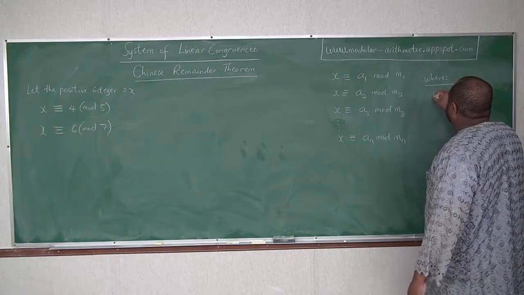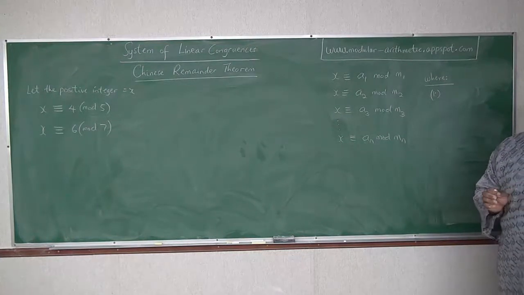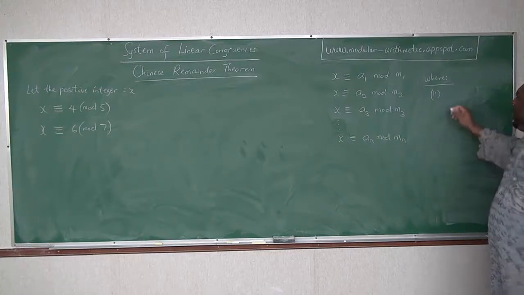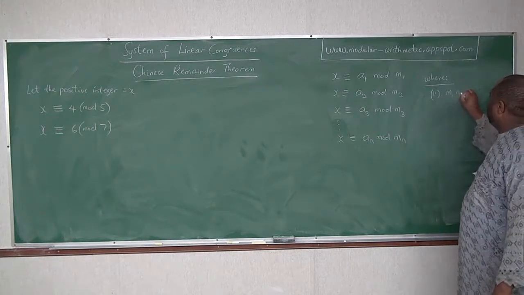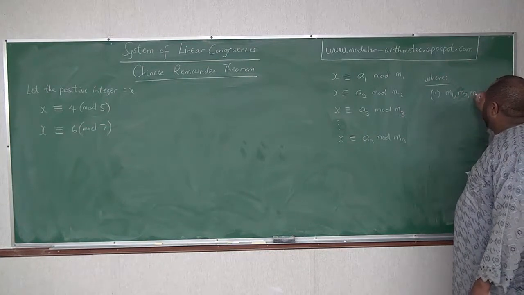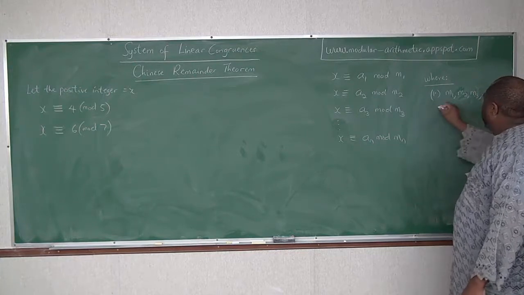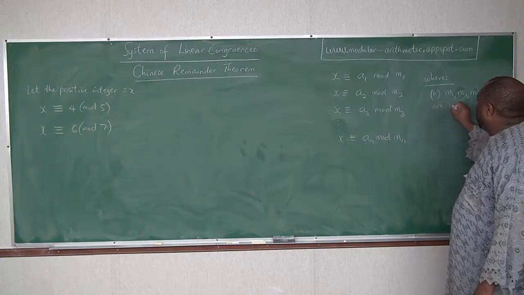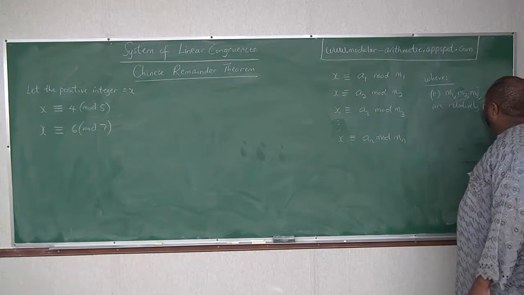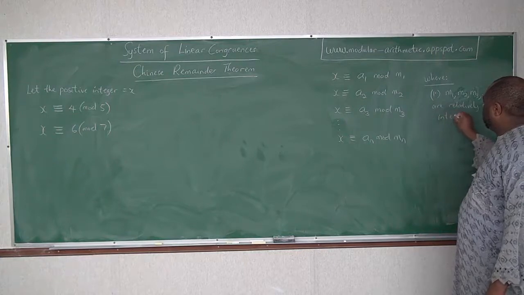Number one, M1, M2, M3, up to Mn are relatively prime integers.